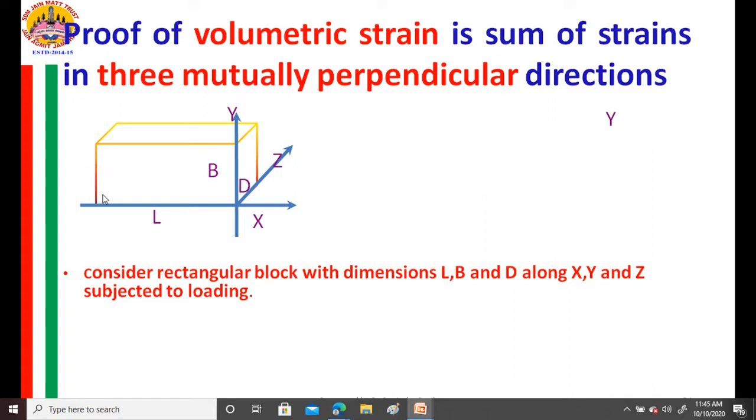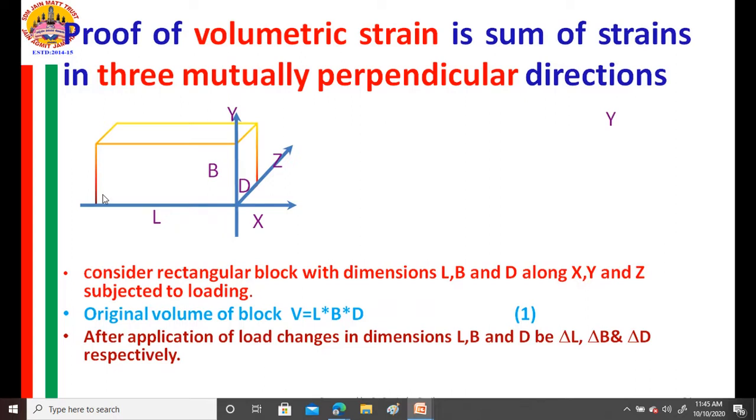Its dimensions are changing by del L, del B and del D. And what is the original volume of this block? The original volume of the rectangular block is L into B into D.